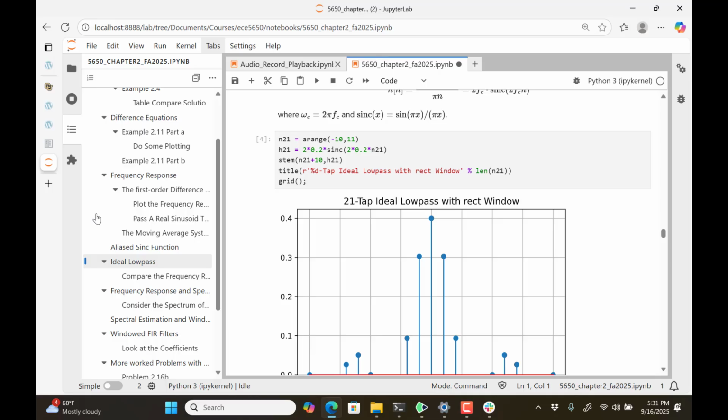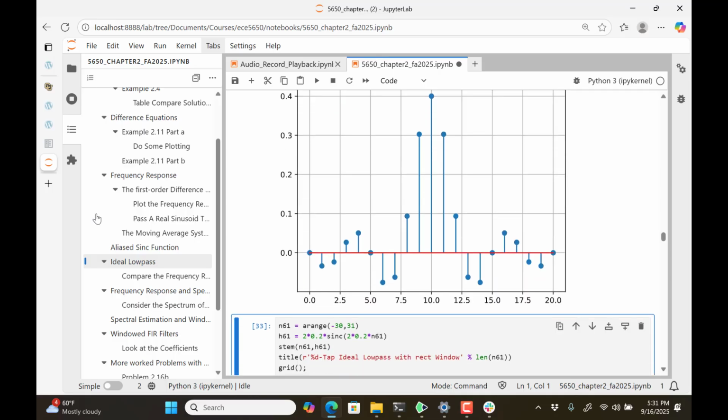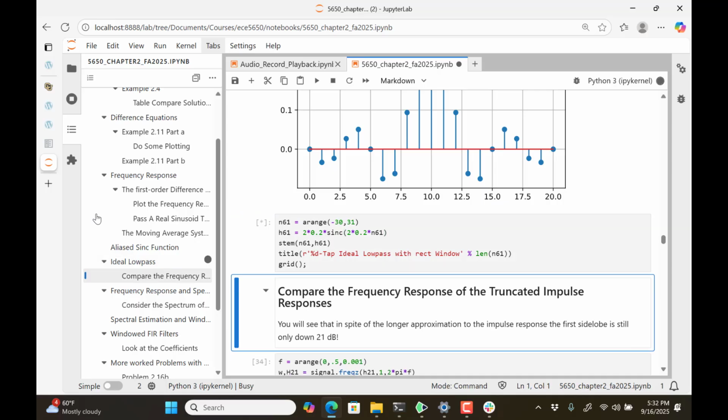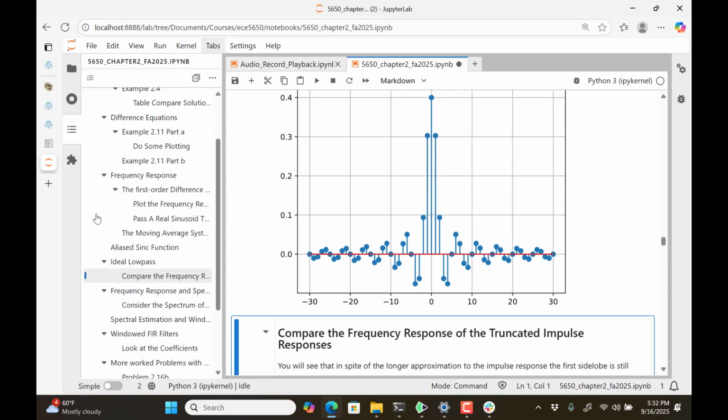It goes from -10 to +11, and it's truncated like that. And I guess it looks like I added this in later. Yeah, this one's got 61 taps in it.